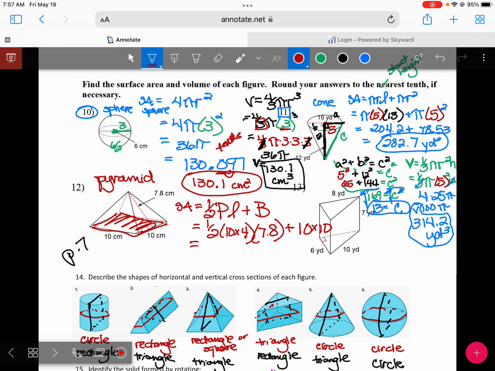So I'm going to get half of 40 is 20 times 7.8 plus 100. 10 times 7.8 would be 78. So 20 is going to be 156 plus 100 is 256 centimeters squared. That is my surface area.